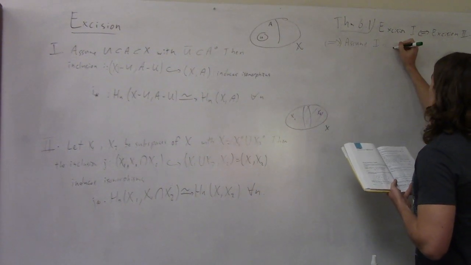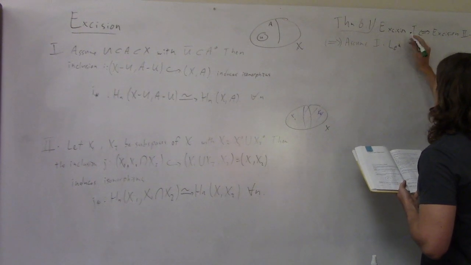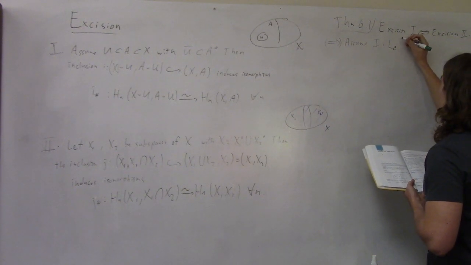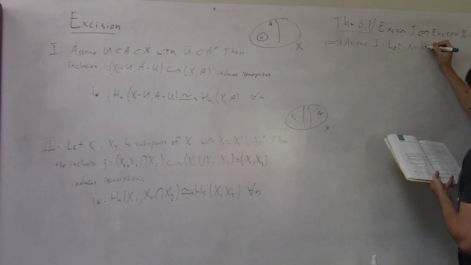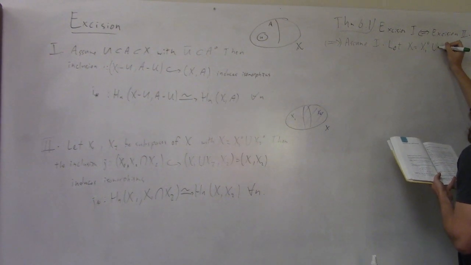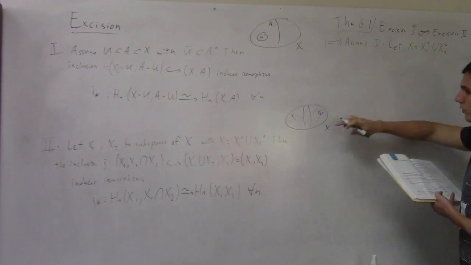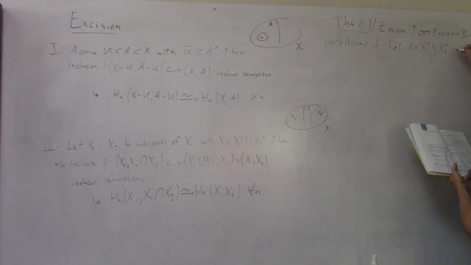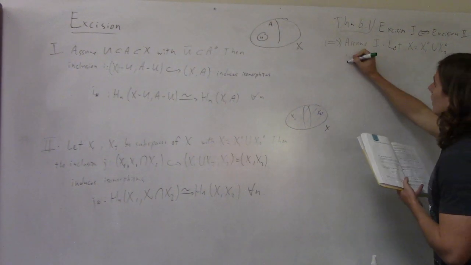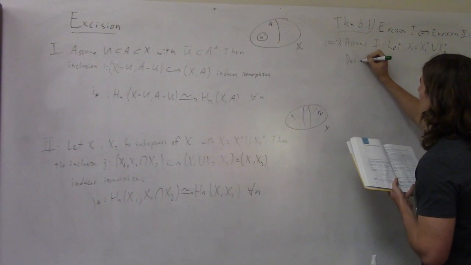And say that X equals the interior of X1 union the interior of X2. Kind of starting off to prove this one. And so we're going to define our A and U.